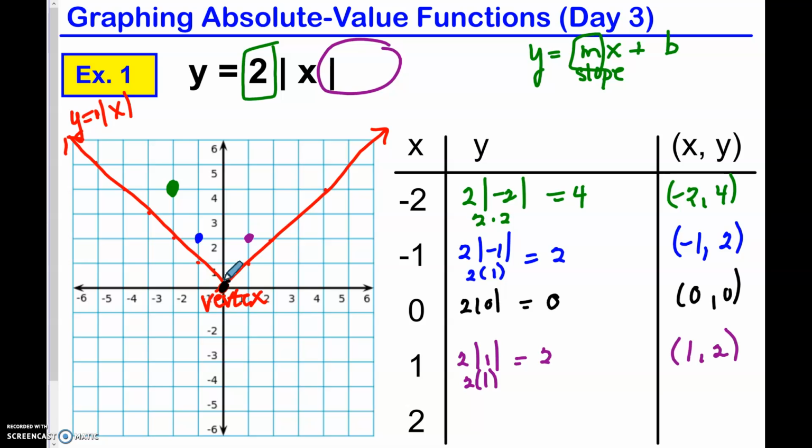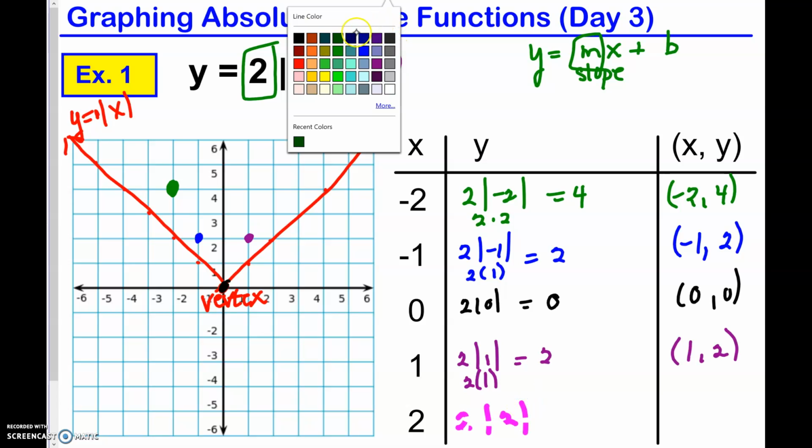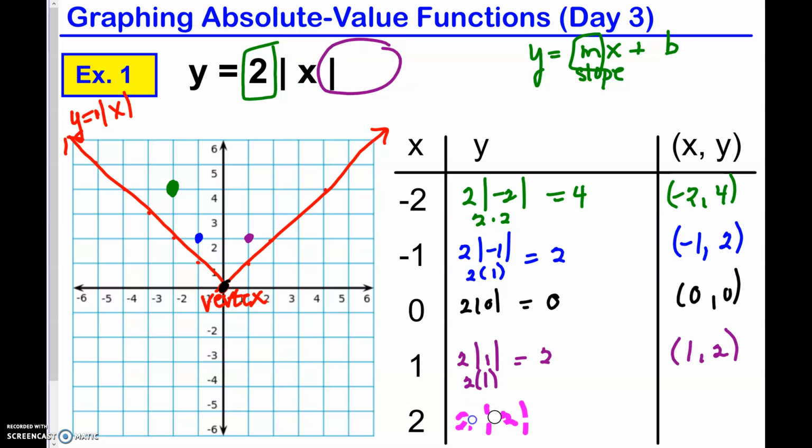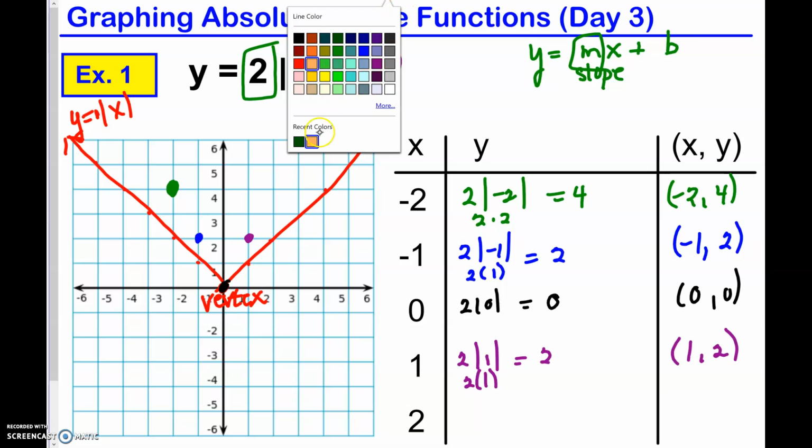All right, let's plug in this last number here. And the last number that we have here is a 2. So 2 times the absolute value of 2. That's not working so hot. I'm going to grab a different color. Maybe I'll grab this orange. Erase this, and I'm just going to use this orange instead.